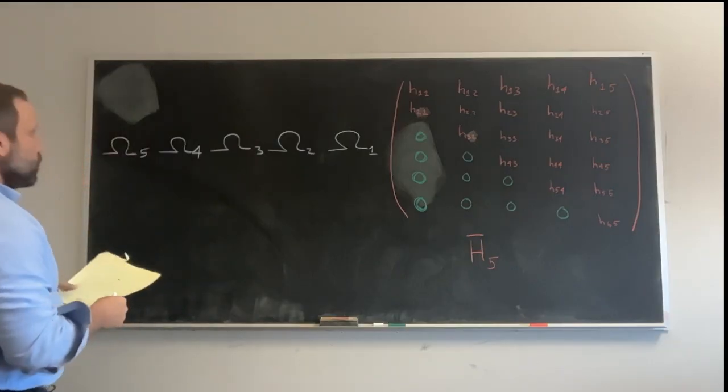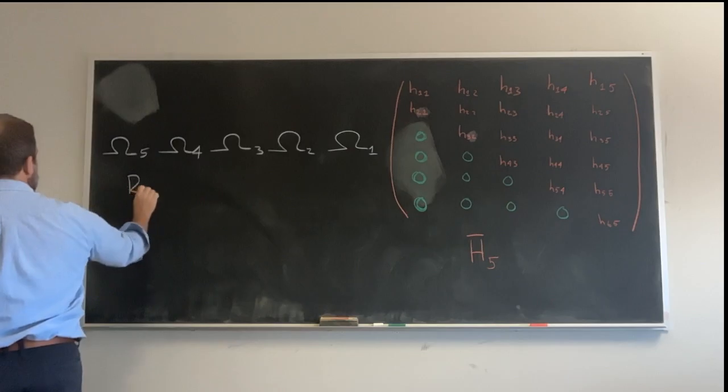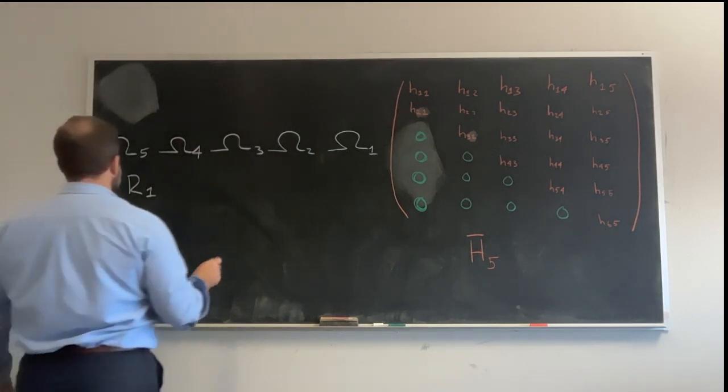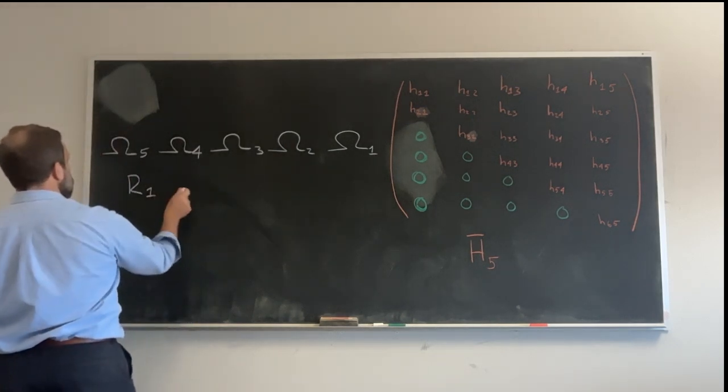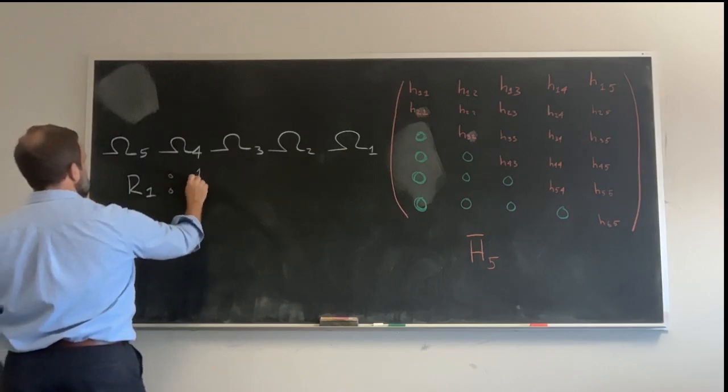Anyways, if we look at omega 1, what we want is a matrix. I'm going to call it R1. I'm using R1 because this is going to be a rotation matrix, so R for rotation. R1 is going to be a matrix that satisfies two properties.